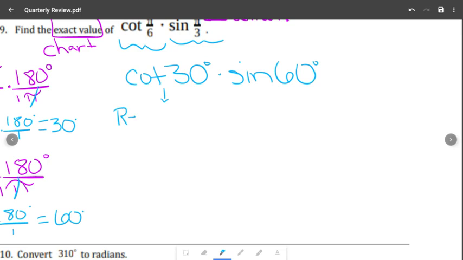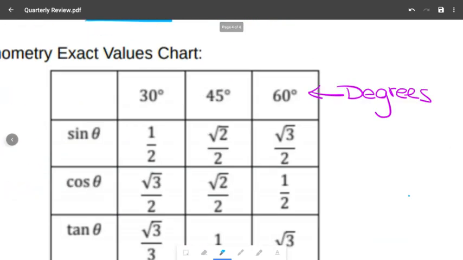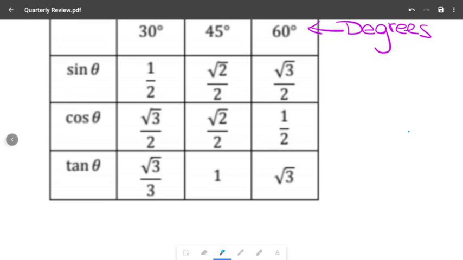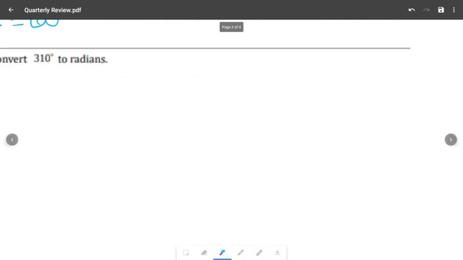Cotangent, remember this is the reciprocal of tangent. So going to the chart, tangent of 30 is radical 3 over 3.